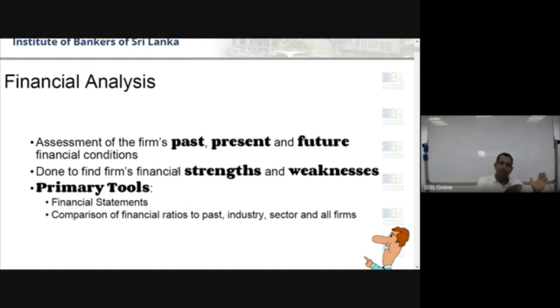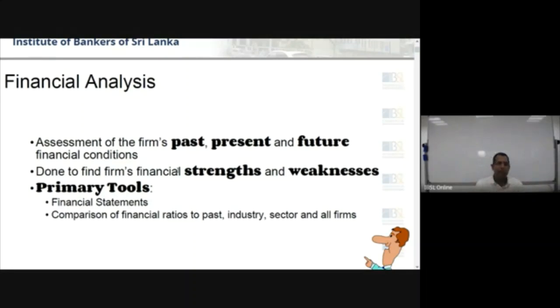Our past and the present will be carried forward to the future. So by analyzing the past, we will know the financial strengths and weaknesses, even the management strengths and weaknesses of a company, just by analyzing P&L, balance sheet, and the cash flows, right?